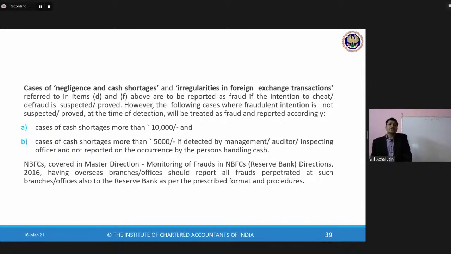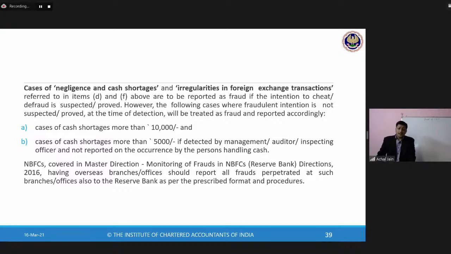And cases of cash shortages of more than 5,000, if these are detected by the management, auditor, or inspecting officer. Inspecting officer means any relevant authority has sent an inspecting officer to inspect these cases or any matter related to the NBFC, and he found such a cash shortage of more than 5,000.